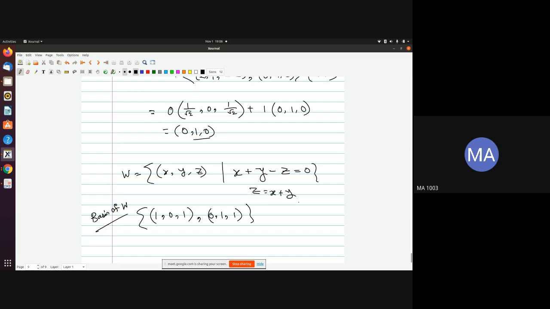Correct? But you can see that this is not orthogonal. If you take the dot product, it is not 0. So this is not an orthogonal basis.